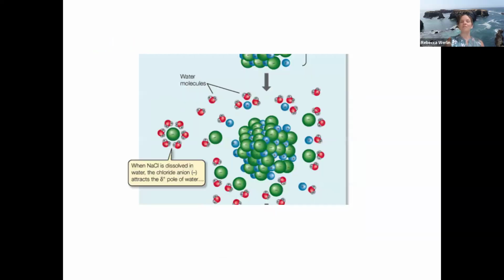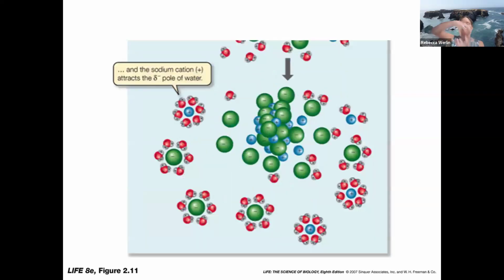Then as you add it to water, those water molecules will surround each and every single ion so that the negatively charged oxygens are going to be facing the positively charged sodium, and the positively charged hydrogens are going to be facing the negatively charged chloride. And as you can see, they're going to form little spheres. And so you see it here as a flat circle, but it is actually a sphere of water molecules surrounding each and every sodium or chloride ion. And that's how salt dissolves in water.